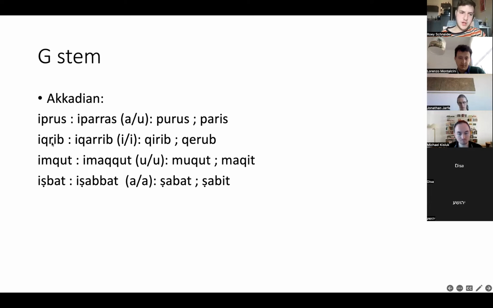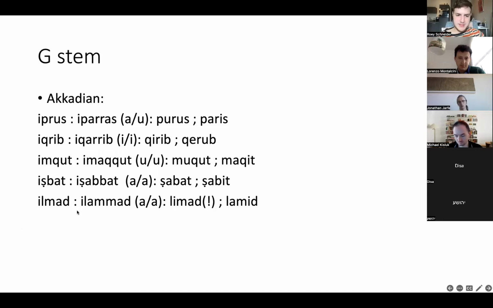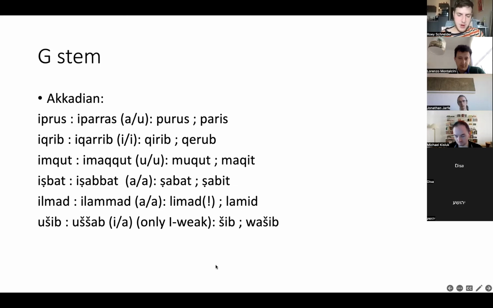So usually they're the same vowel, like ikrib, ikarib, imkut, imakut, itzbat, itzabat, but there's also a group, ipus, iparas, which has a different vowel. And then there's also ilmad, ilamad, which has limad as the imperative. And the first weak verbs also have ushib, ushab, so ia.